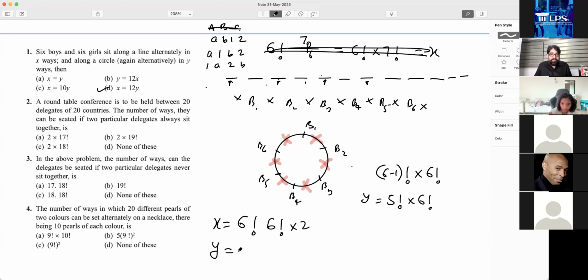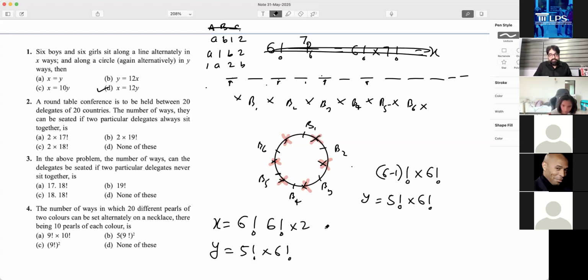Now, what will the Y value be? The Y value will remain the same, no change. Boys can be arranged by 6 minus 1 factorial, that is 5 factorial. But girls can be arranged 6 factorial because of the numbering. So these are not circular arrangements, these are row arrangements, 6 factorial. This is the Y value. The Y value will be 5 factorial into 6 factorial.